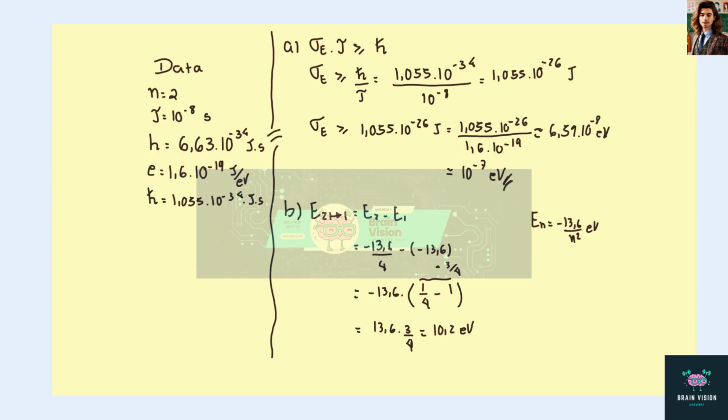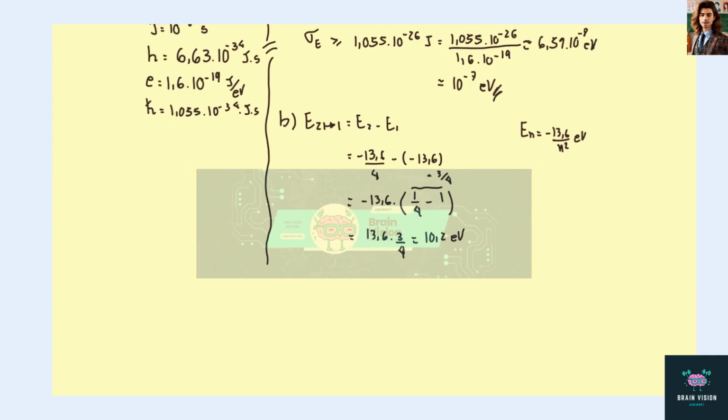Therefore, the ratio of the energy uncertainty to the transition energy is given by, let's call it delta. So we have delta is equal to sigma E divided by E21, which is equal to 10 to the minus 7 divided by, we can approximate this 10.2 to 10, so divided by 10, and this is equal to 10 to the minus 8.